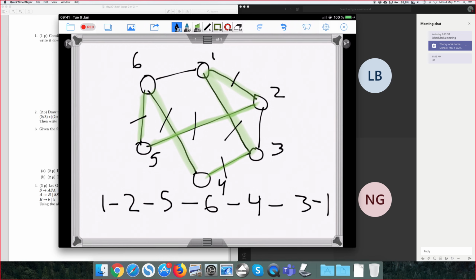Okay, so there is a Hamiltonian circuit in this graph, and with this you are done. Okay, so this is one of the cases which I was telling you about last week. If you are given a graph like this one, you just try to find the Hamiltonian circuit. This is very easy in this case because there are few edges. Okay, so this is the solution for this exercise.